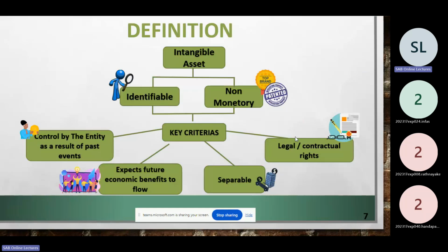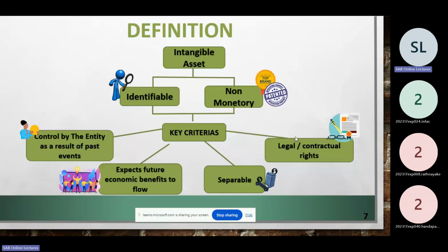Moving to the definition, intangible assets are identifiable. Identifiable means it's separable: it can be sold, transferred, or licensed, or it arises from legal and contractual rights.